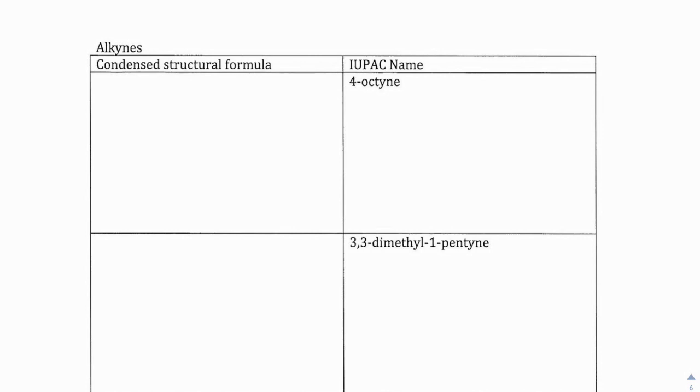That's right. Now let's do this. For octyne, the fourth carbon on the longest carbon chain is making a triple bond with the fifth carbon. So let me just show that. Octyne.